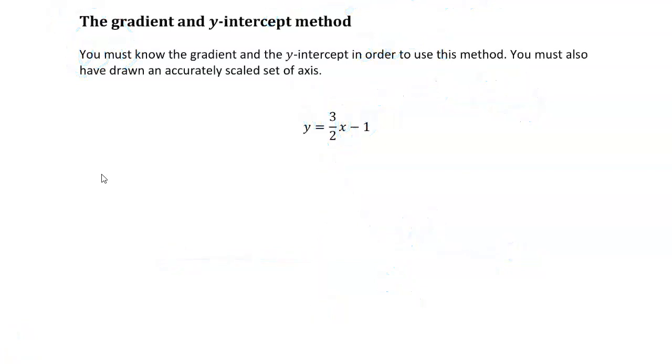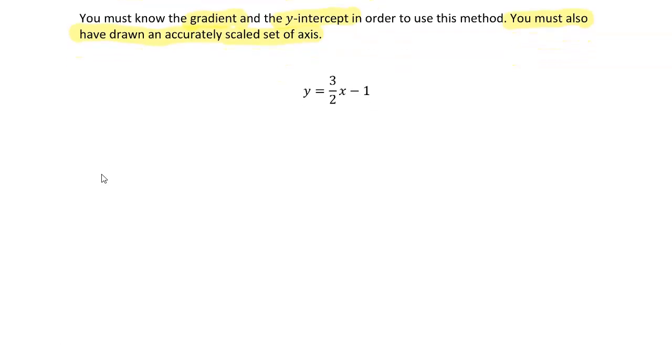Right, so the other method is the gradient and y-intercept method. So we have to know the gradient and the y-intercept in order to use this method. So if you're given an equation in the general form, you know the gradient and the y-intercept already. Now, one other thing is that it's very important to have an accurately scaled set of axes, okay? You have to be accurate with it.